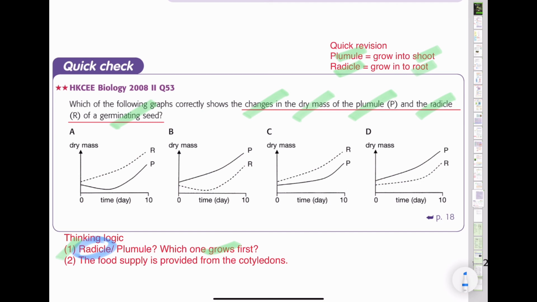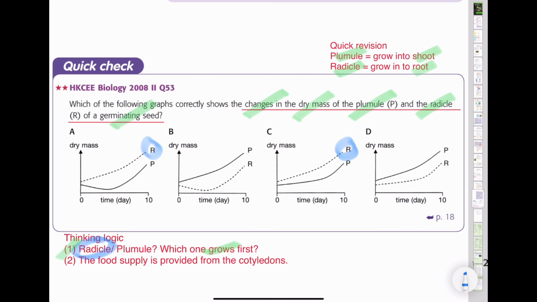So the radicle will grow out first. For the graphs, we can see that the answer is either A or C, because the roots should grow a bit earlier than the plumule. So the curve should be a bit higher than the plumule, because they grow faster.